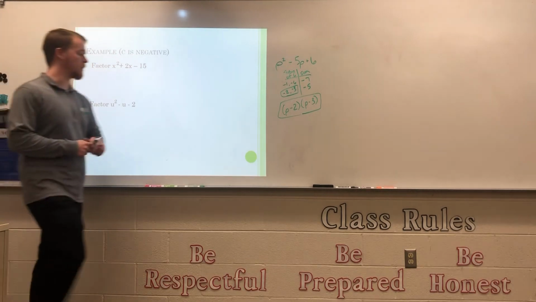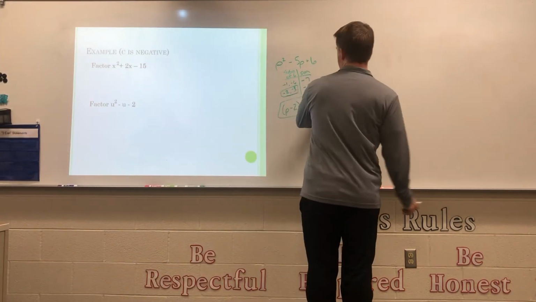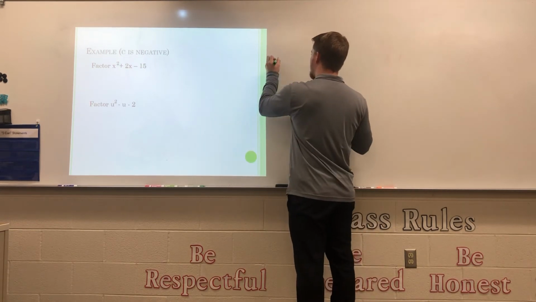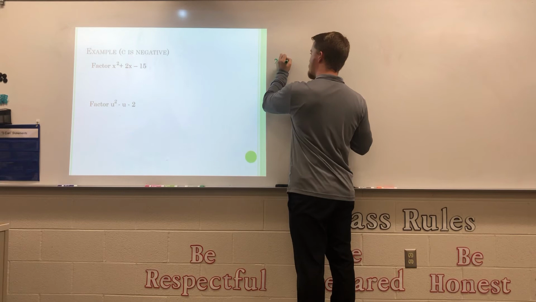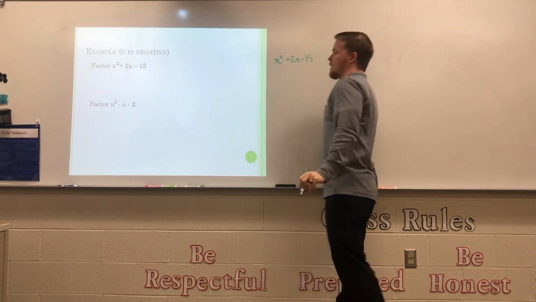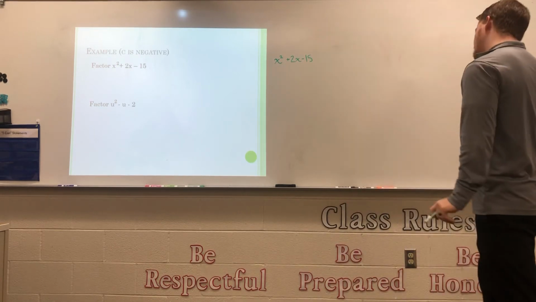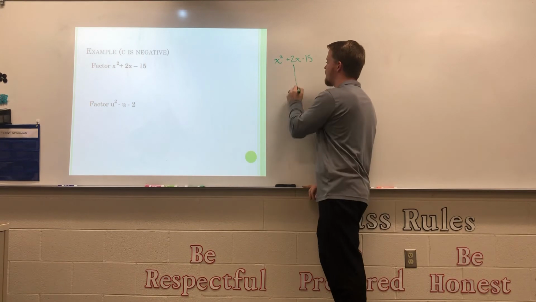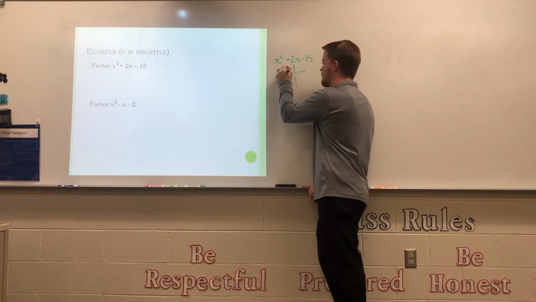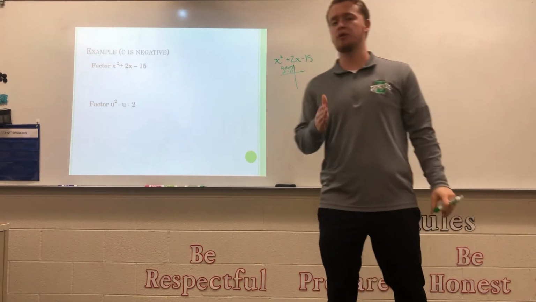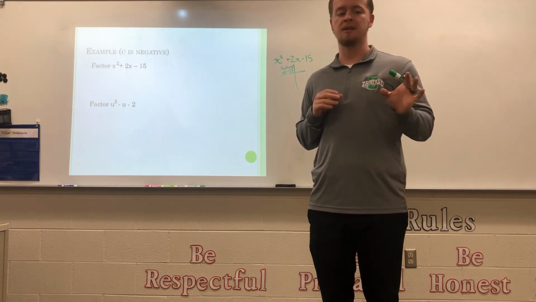All right, then the last one, if c is negative. So first example, x squared plus 2x minus 15. So pretty straightforward as far as c is negative, because if you are finding the factors of negative 15, or any negative number, you know if you're multiplying to get a negative number, you need a positive and a negative.